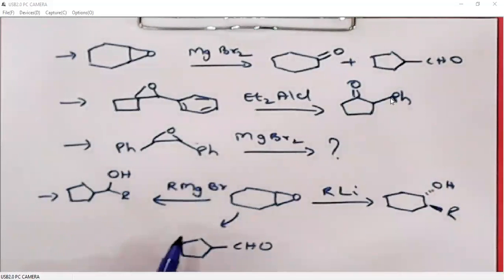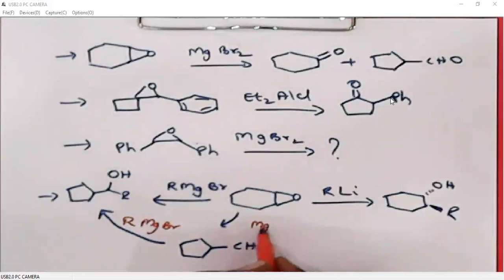And on that product, Grignard addition will occur because aldehydes can easily react with Grignard reagents. So because of magnesium, first it will undergo the rearrangement, and on the product, Grignard addition occurs.